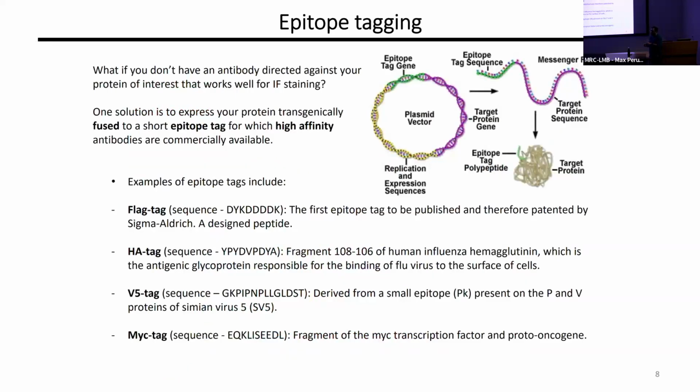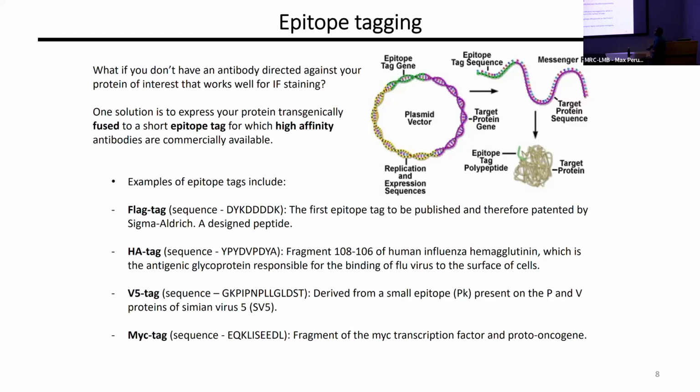Imagine that you don't have an antibody that has a good affinity to your protein, or for some reason there's no antibody. You can actually use epitope tagging. A tag is an epitope that you can have your cell produce.